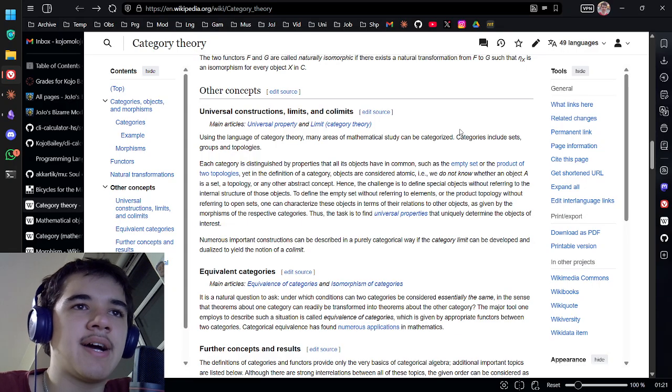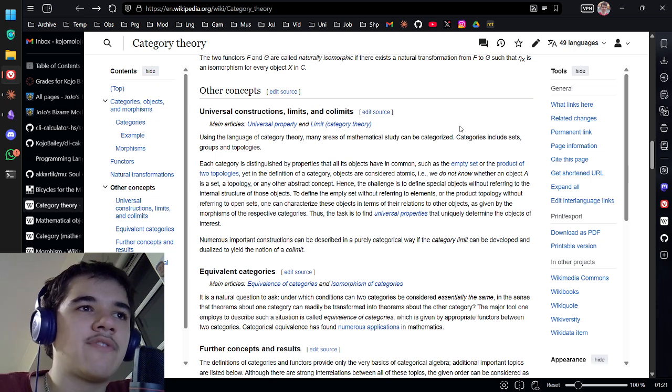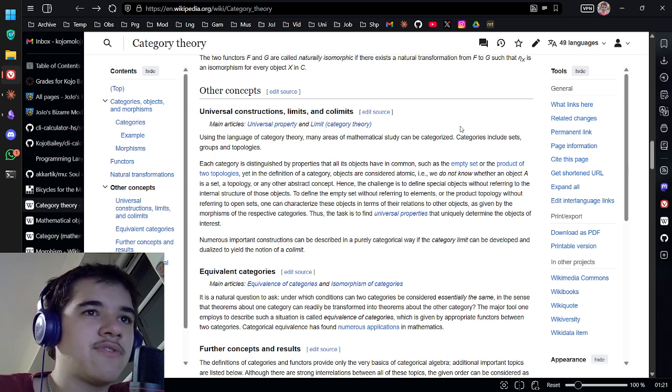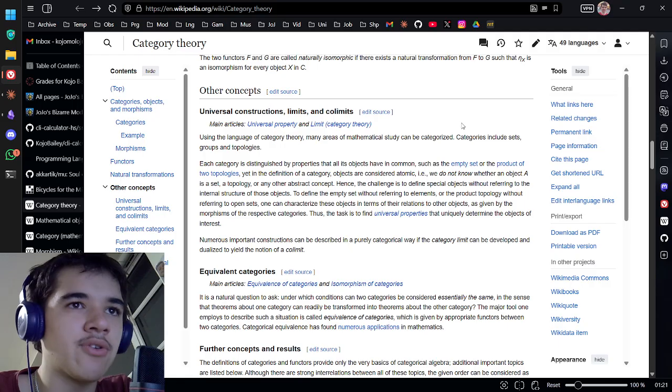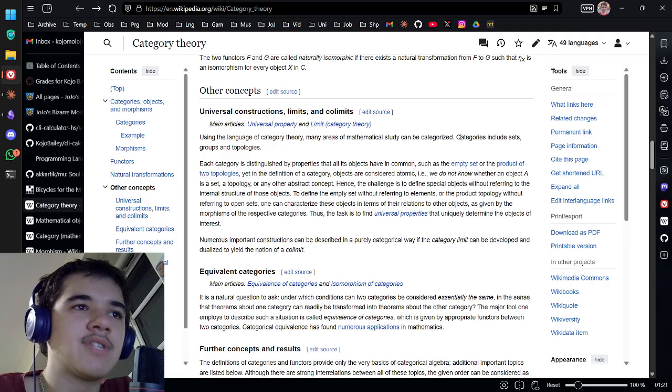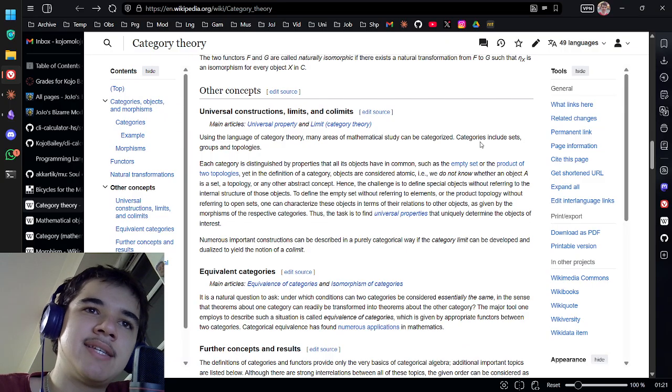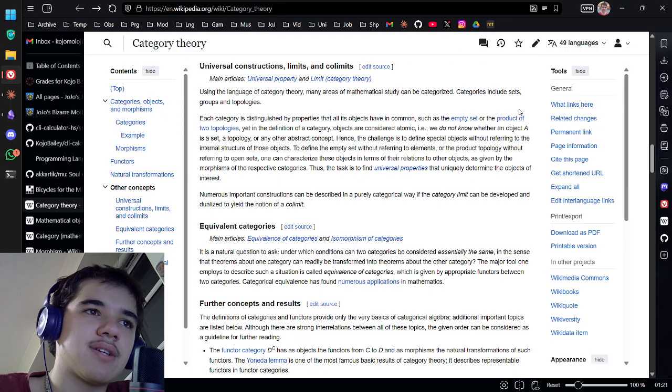Hence, a challenge is to define special objects without referring to the internal structure of these objects. To define the empty set without referring to elements, or the product topology without referring to open sets, one can characterize these objects in terms of their relations to other objects. Yes, as given by the morphisms of the respective categories. So the task is to find universal properties that uniquely determine the objects of interest.